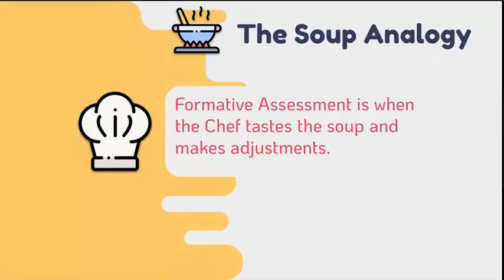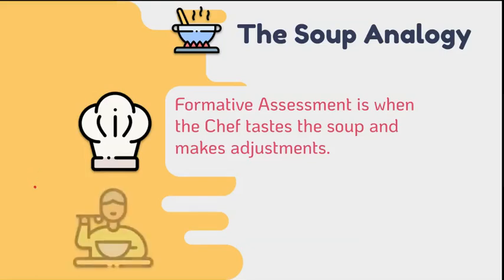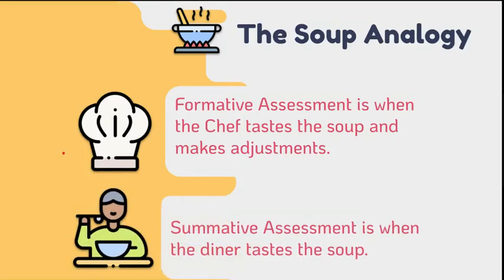We can do it purely on our gut and our intuition, but it's likely to be better if we don't just use our gut and intuition. Whereas summative assessment is when the diner actually tastes the soup. So in other words, the whole process of formative assessment becomes incredibly important for the summative assessment to be successful.